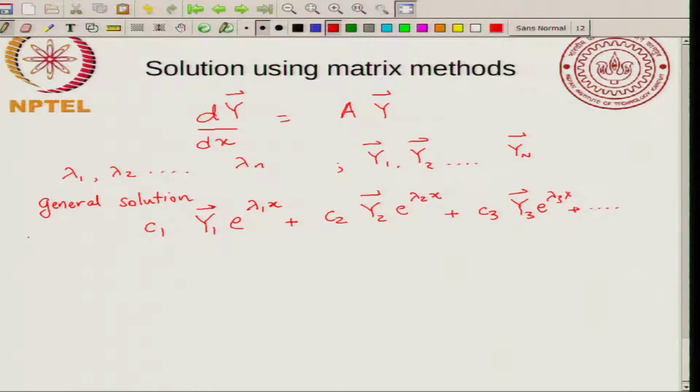So the general solution, I will just write y is equal to this, where C1, C2, up to Cn are arbitrary constants, to be determined from boundary conditions.